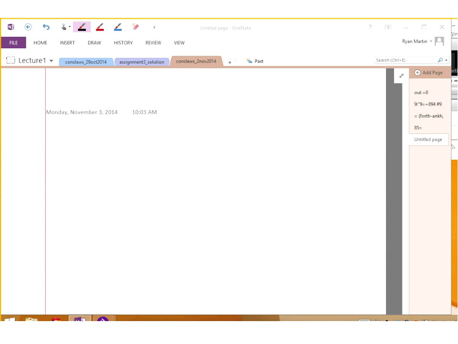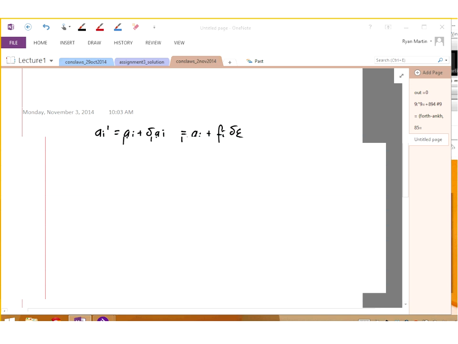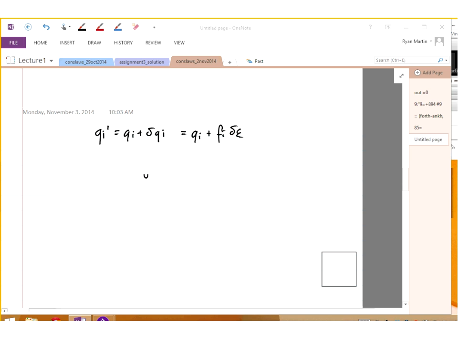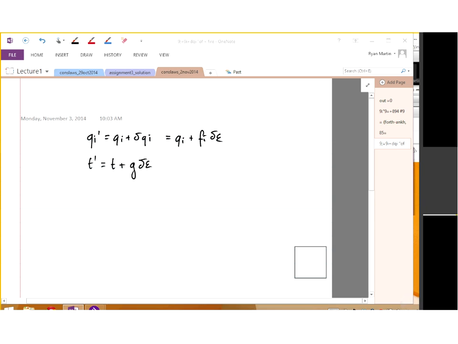And so we can write this. Recall that if we write the qi primed to be qi plus delta qi, or qi plus fi delta epsilon, and explicitly I'm implying that t prime can be written as t plus g delta epsilon.